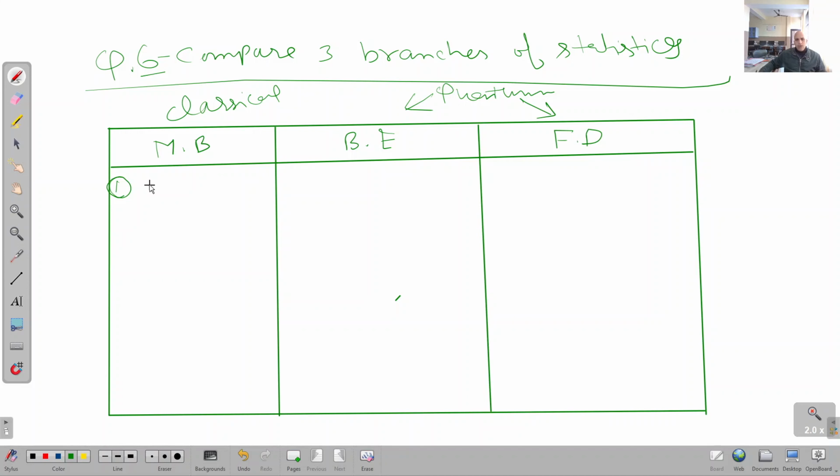Whether they are identical or not, it doesn't matter, but particle are distinguishable. Even if the particle are identical, we can distinguish them in classical world. So the first comparison is distinguishability. Clear? Here the particle are distinguishable. Here the particle are not distinguishable.